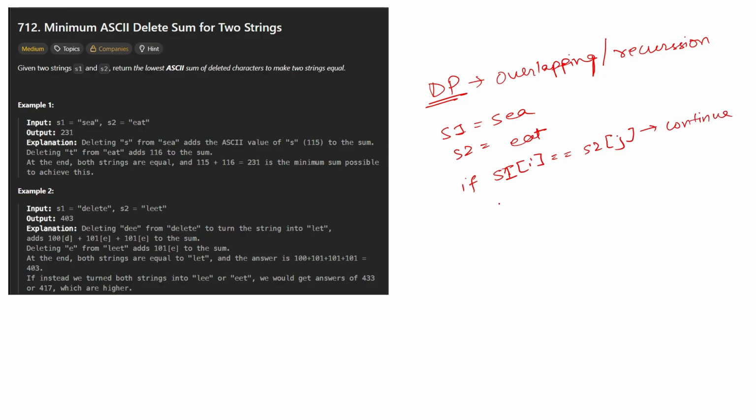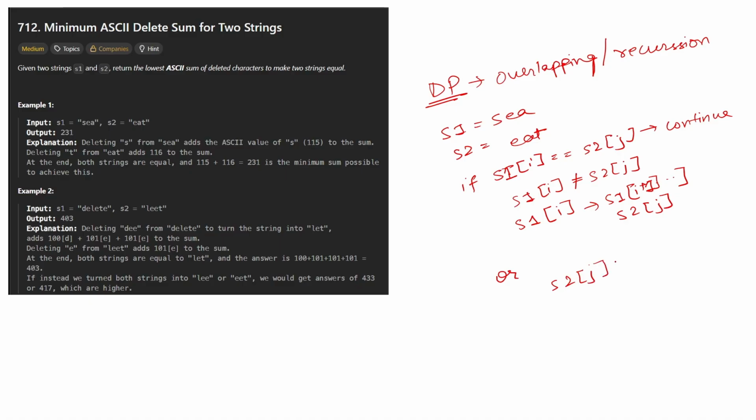But if both are not the same, s1 of i is not equal to s2 of j, then we have to do one of two steps: either delete s1 of i and continue from s1 of i plus 1 to the end with s2 of j, or delete s2 of j and move from s2 of j plus 1 to the end of the string while we keep s1 of i. These two approaches we need to keep in mind while solving the problem.